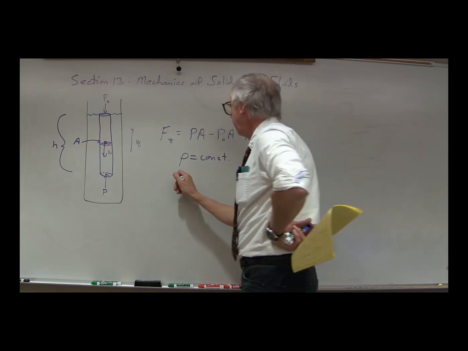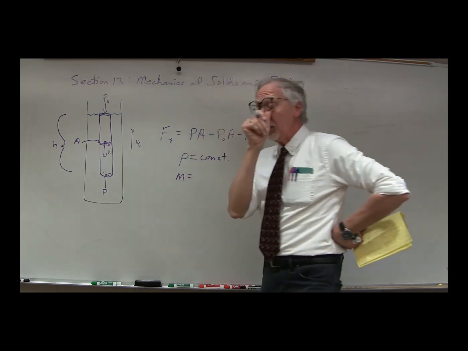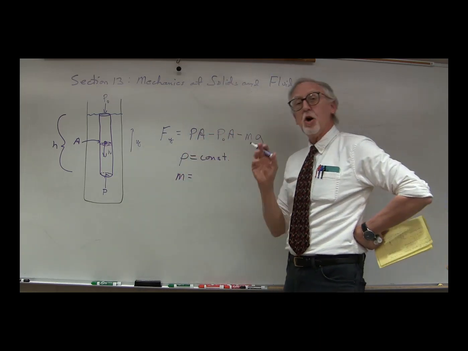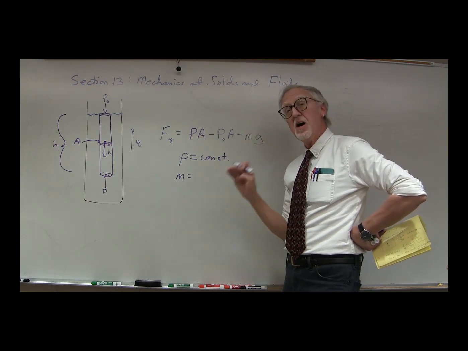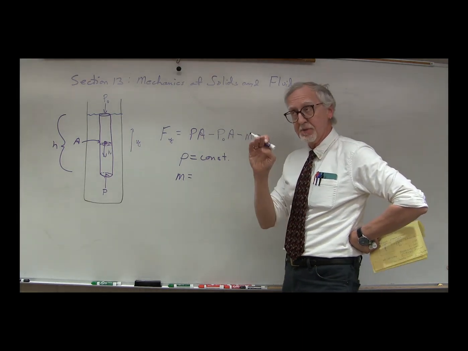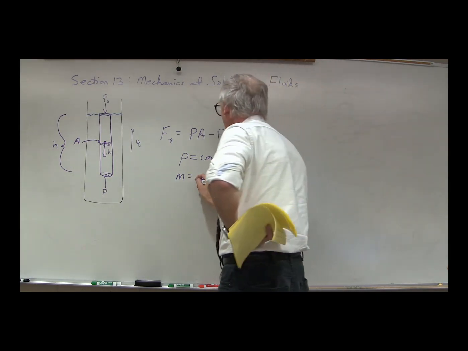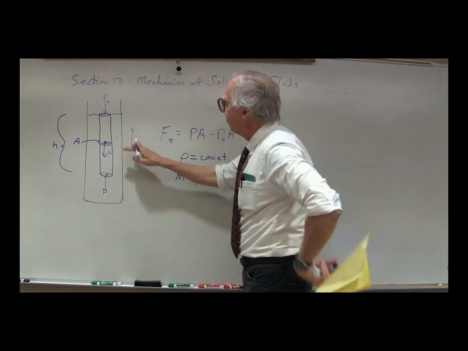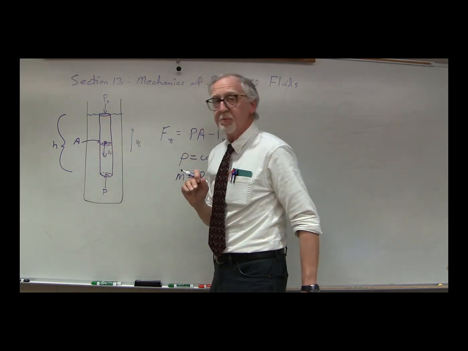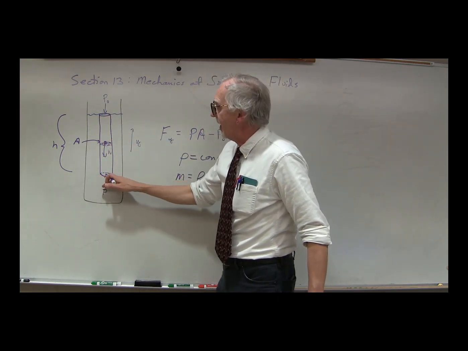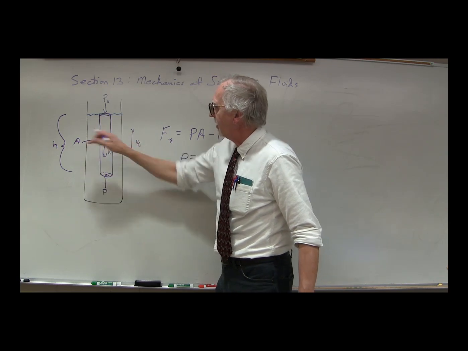So what is m? Remember, density was mass per volume, so the mass will be density times the volume of this cylinder. Now what's the volume of the cylinder? It's the area of the base, which is A, times the height, which is h.